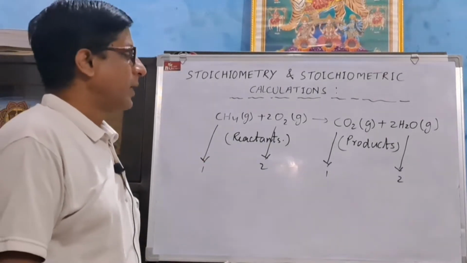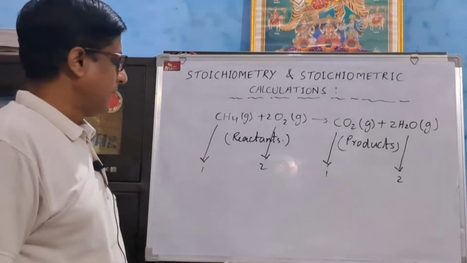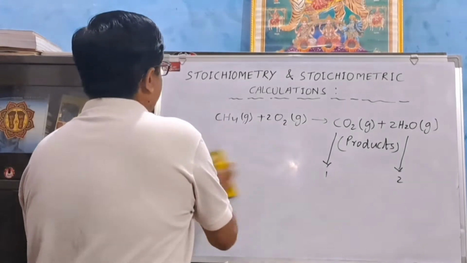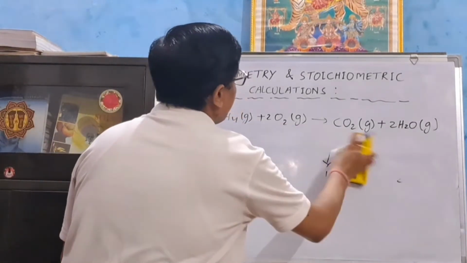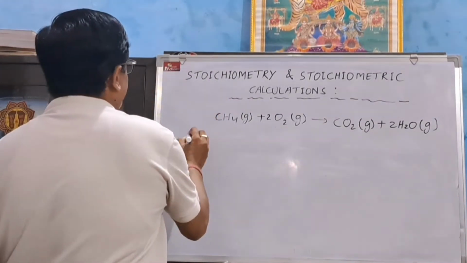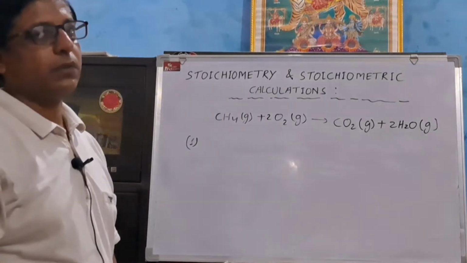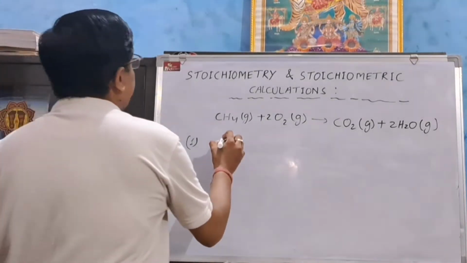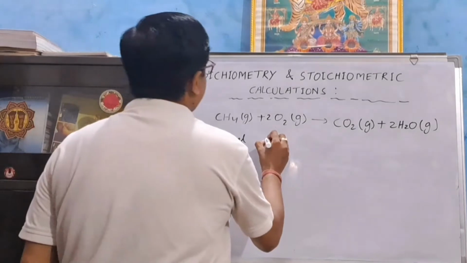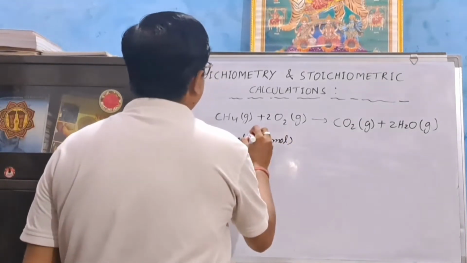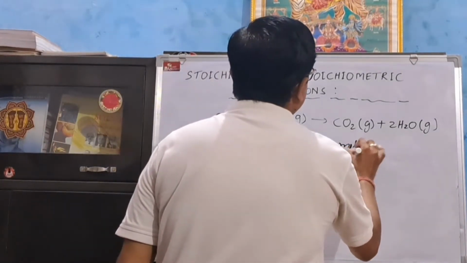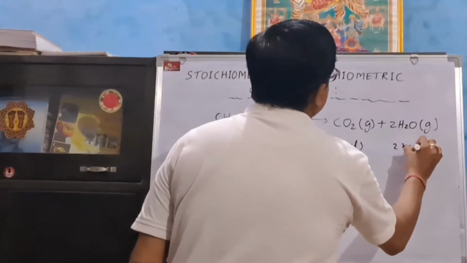Now let us see what information we can obtain from this chemical reaction. If we consider the number of moles, then we can see that 1 mole of methane reacts with 2 moles of oxygen to produce 1 mole of carbon dioxide and 2 moles of water.